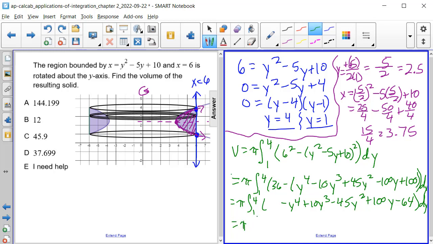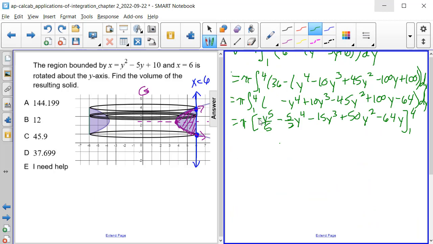So we have pi, and then we'll have negative y to the 5th over 5 minus 10y to the 4th over 4, which reduces to 5/2 y to the 4th, minus 15y to the 3rd plus 50y squared minus 64y. And we're going to evaluate this from 1 to 4.